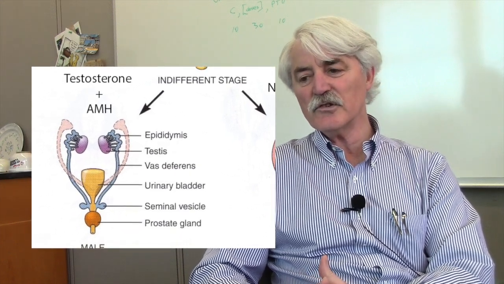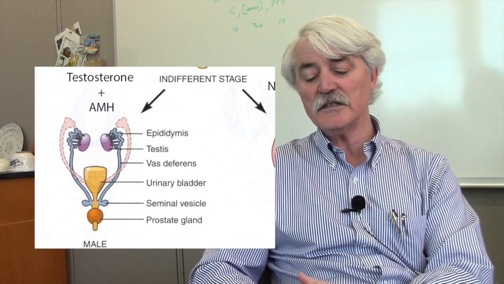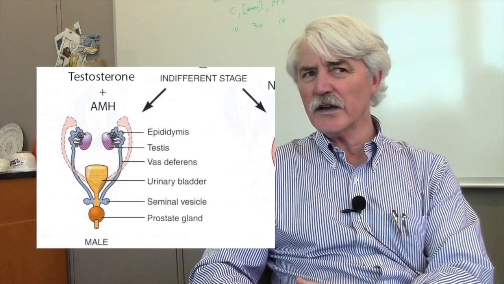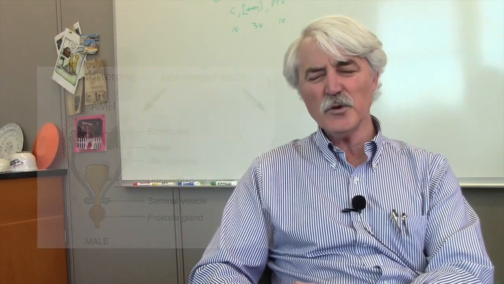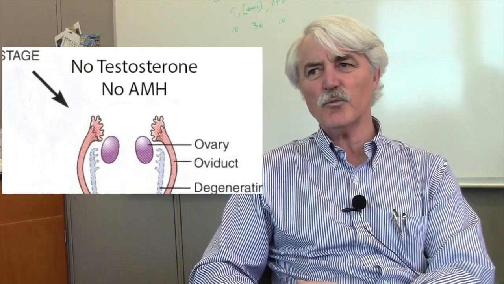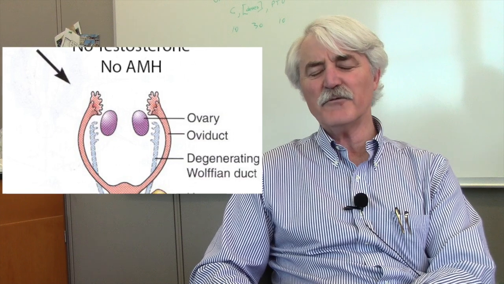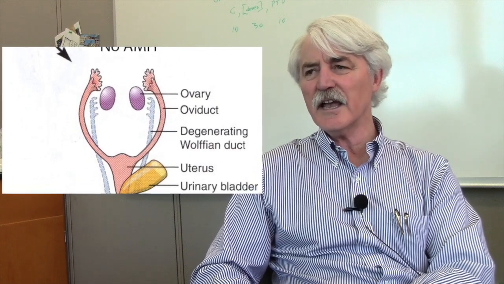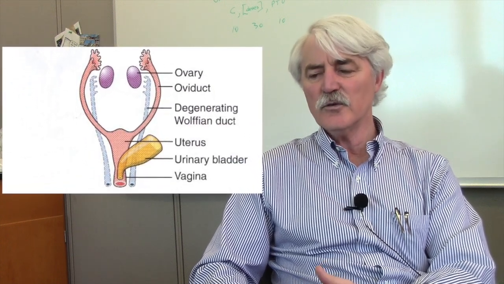But the testis also produces AMH, which causes the disintegration of the Mullerian duct system.